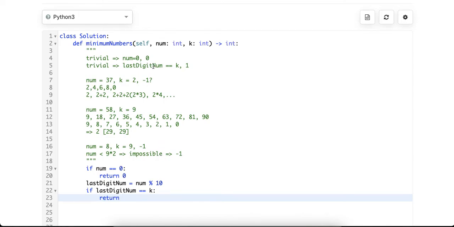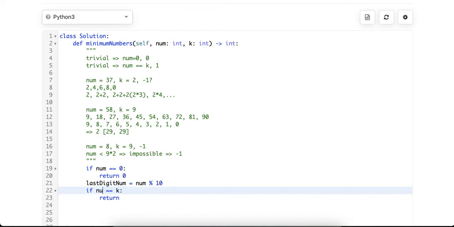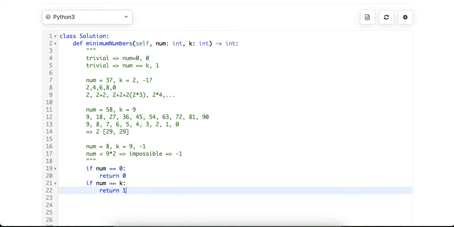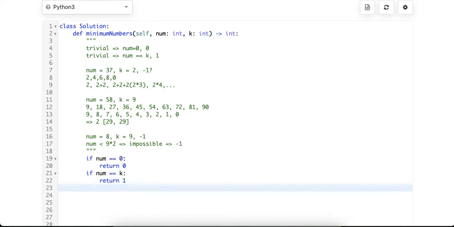Sorry, this is not last digit of num, it's num equal to k. If num is equal to k, it is trivially easy that it will be returning 1, right? Because it's the same thing. Of course, it will be 1. If it is 0, we already cater it first. And then, that is all.